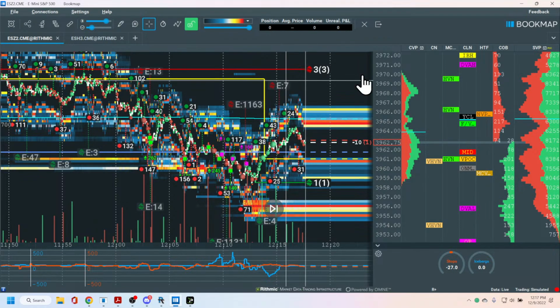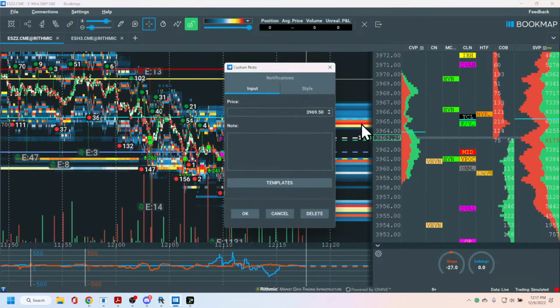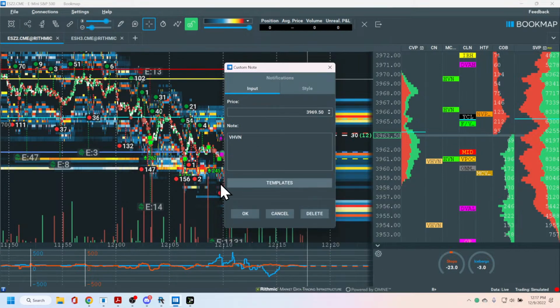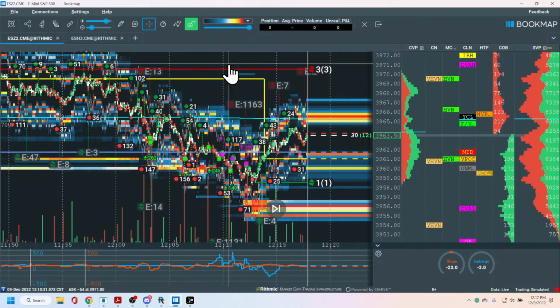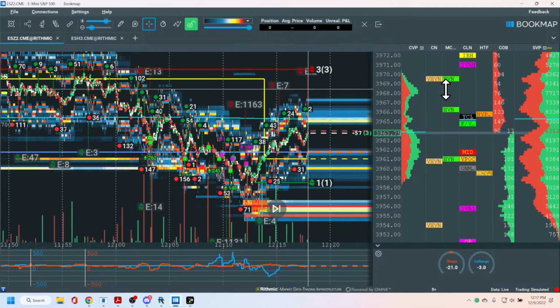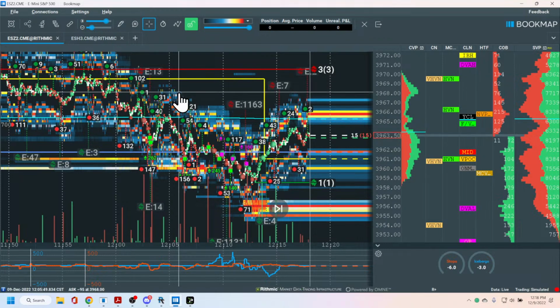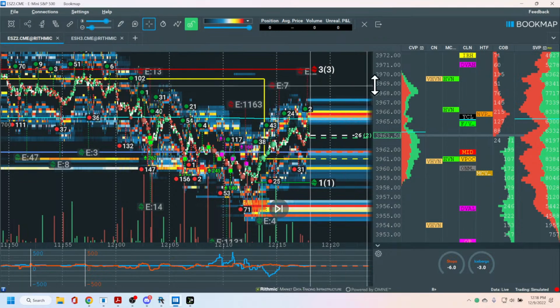Price check in aisle 3. Remember price check in aisle 3? I've got to put up a variable high volume node there. I put these up because they're showing me where the highest volume was. And I also have this marked. This is automatic. So this shows me where the high volume is in the microstructure, because this is the chart-based volume profile.